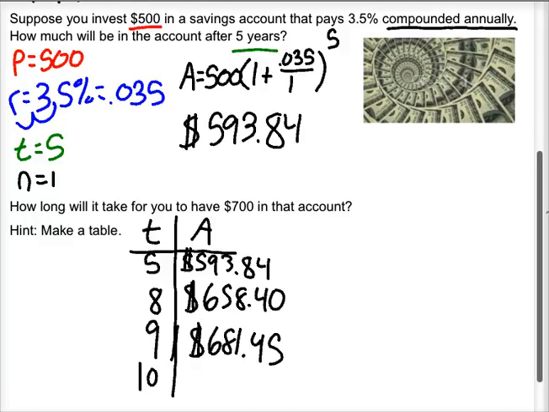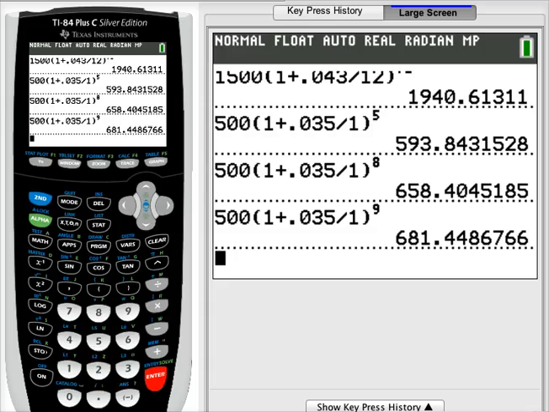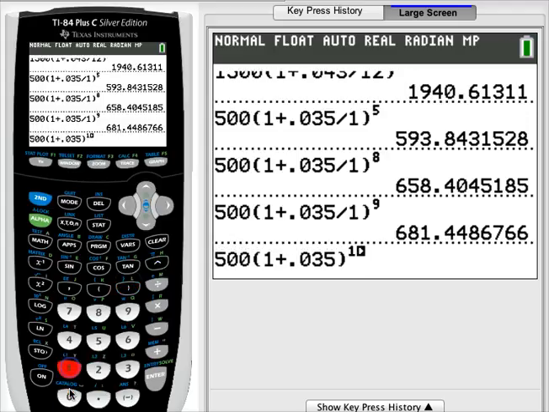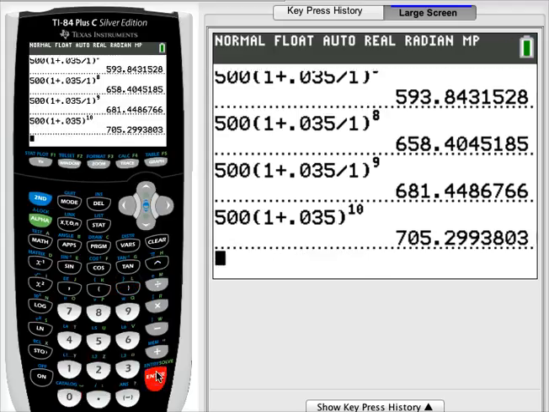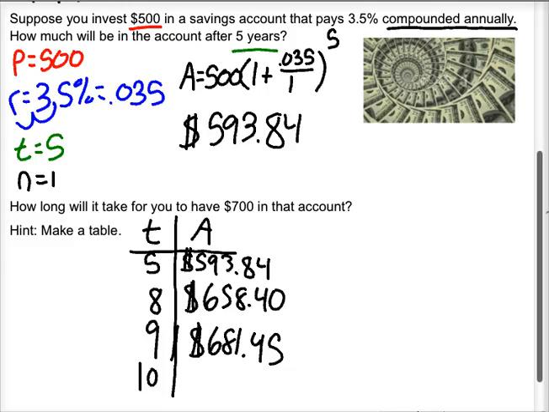Let's try 10 years. So 500 times 1 plus 0.035 to the 10. Oh, there we go. I finally reached over $700. So after 10 years, I will finally reach my goal.